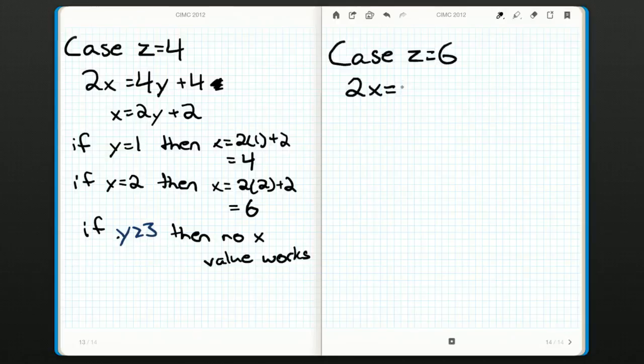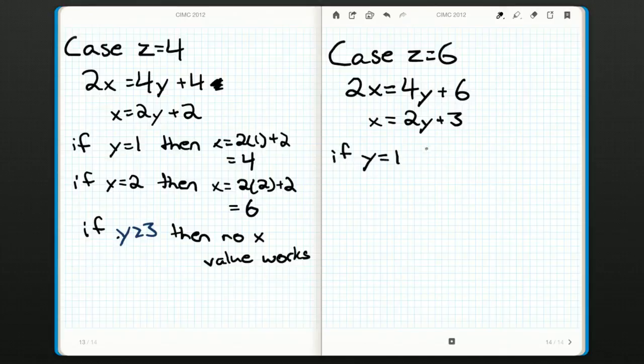So what's our expression? Well, it reduces to x is 2y, as usual, but now plus 3. So we begin as usual.